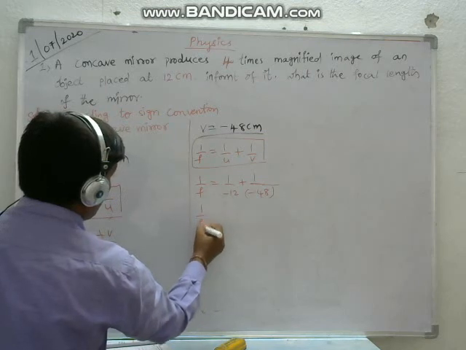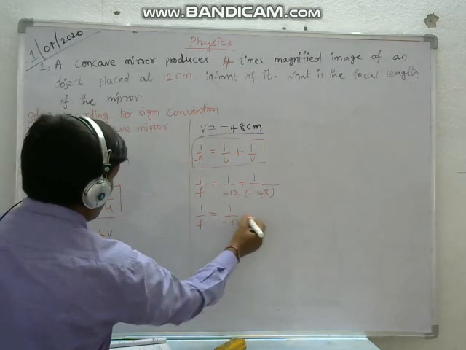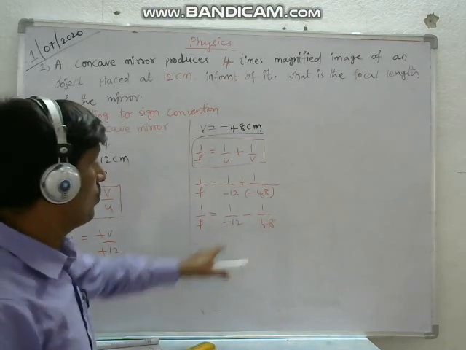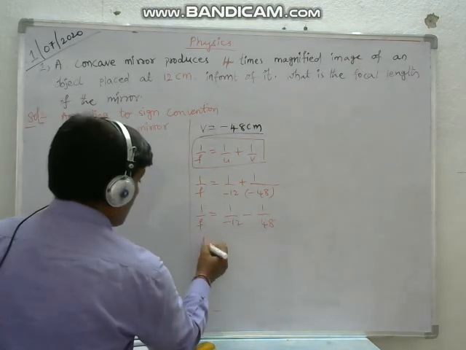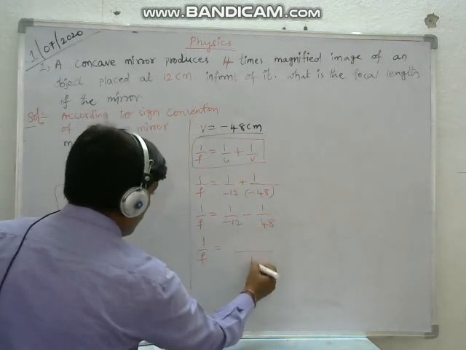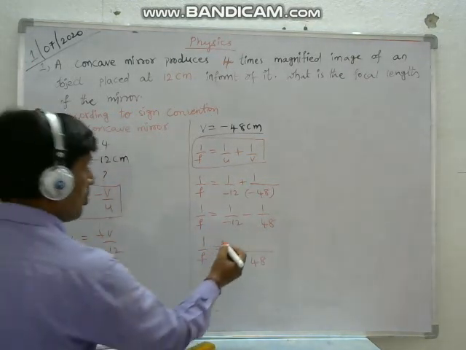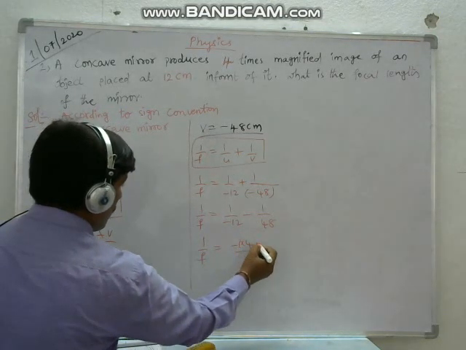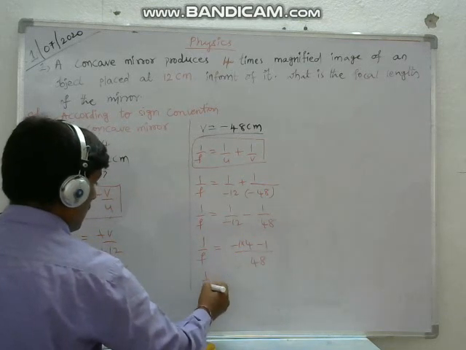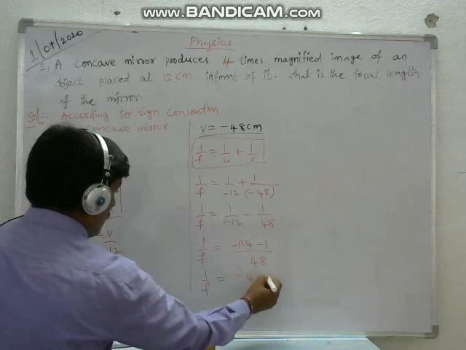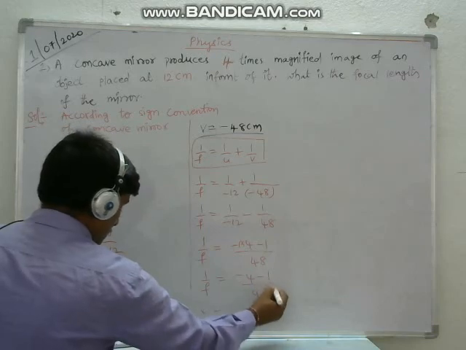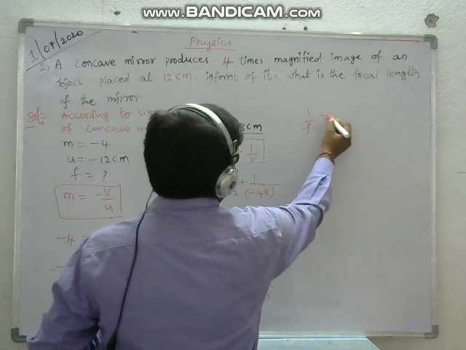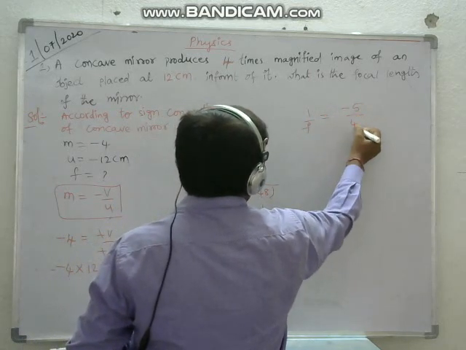1 by f is equal to 1 by minus 12 plus 1 by minus 48. If we take the LCM of 12 and 48, we get 48. So 1 by f is equal to, 12 fours are 48, minus 4 minus 1 by 48. Then 1 by f is equal to minus 5 by 48.